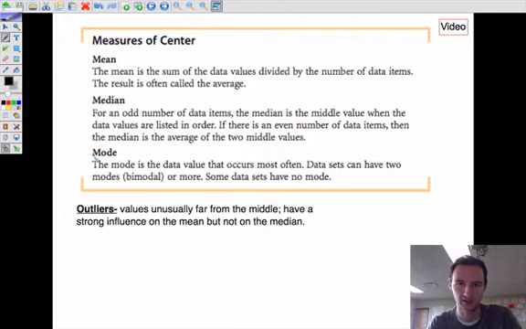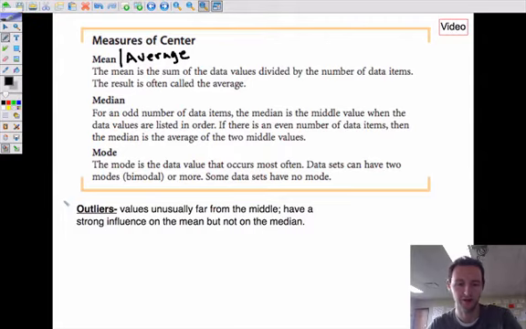You know how to find the mean or the average, but just take down a real quick formal definition of each one. You can pause the video if you want, for mean, median, and mode, as well as outliers.